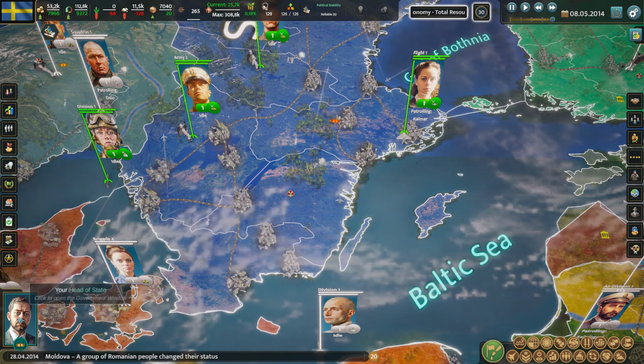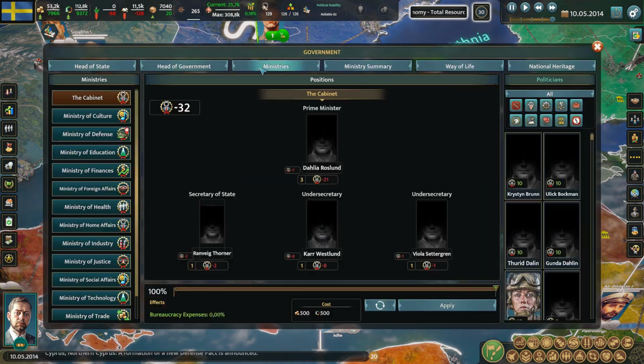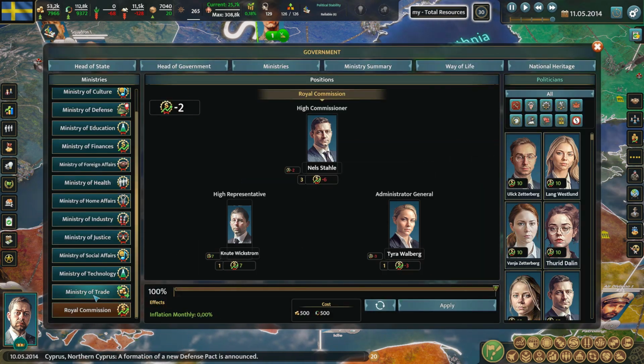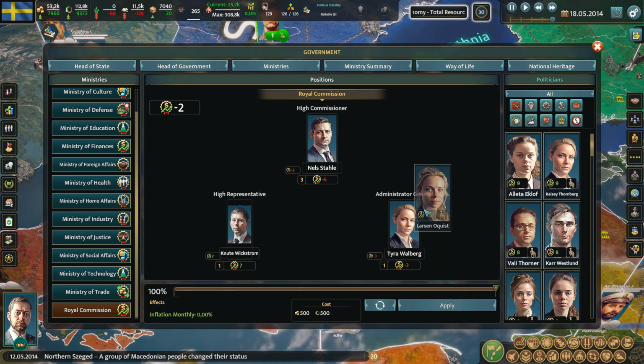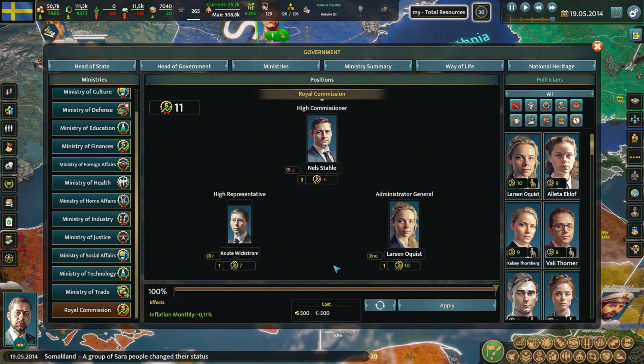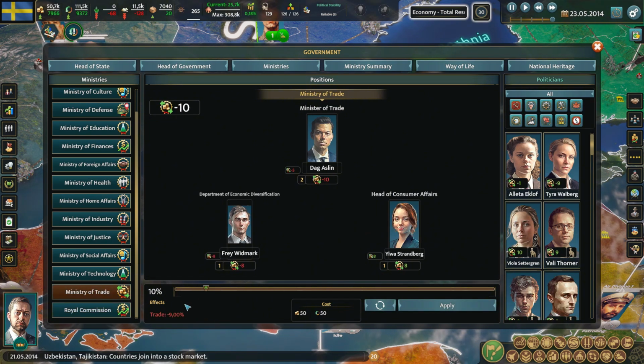It's a good idea to always check out any of the economic ministries and find out, okay, can I play with the inflation? Can I get my stuff back in order? And we can lower it in this case.